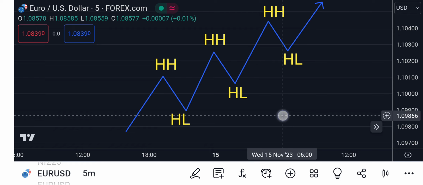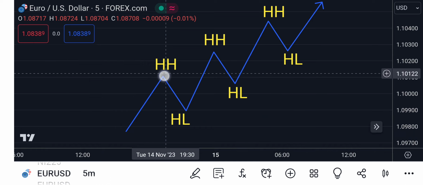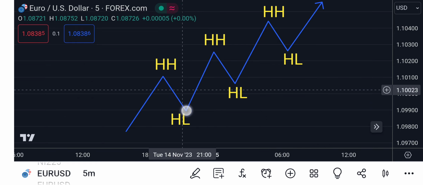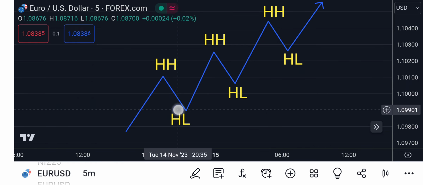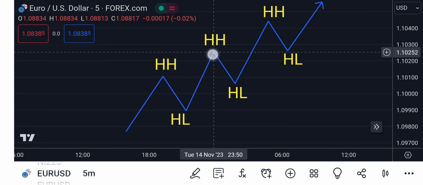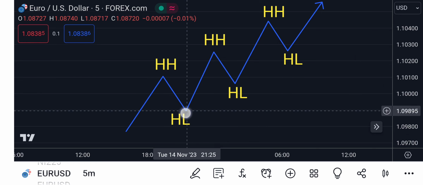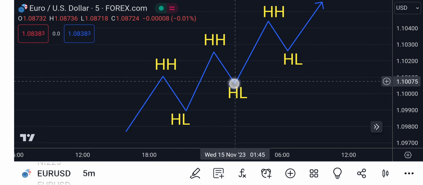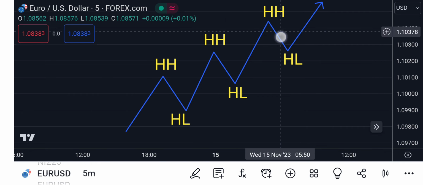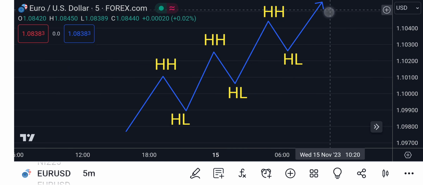So a basic bullish market trend moves, makes a high, then makes a low, breaks the previous high or higher high, depends where the market is coming from, breaks the previous higher high, moves up, makes a new higher high, trends down, fails to break the previous higher low and makes a new higher low and moves up, breaking the previous higher high, making a new higher high, trends down, fails to break the previous higher low, trends up, breaking the previous higher high, and so forth.